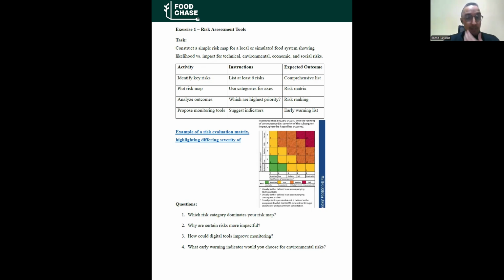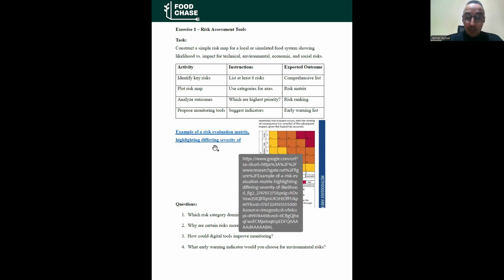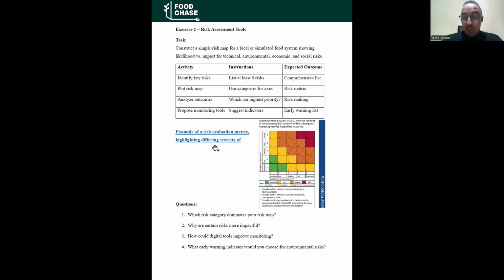We also have this map for our exercise, and the link I use directly with the learners for a more comprehensive view of the exercise and details for their answers. For the first question, which risk category dominates your risk map? For the second one, why are certain risks more impactful than others?